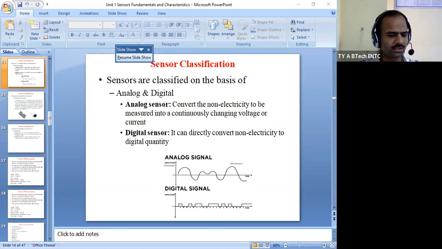When a bottle comes, the transmission and reception path is interrupted, so we consider it count 1. Next bottle, count 2; next bottle, count 3, and so on up to 10, 15, 100. So it counts. This is a non-contact type of sensor.